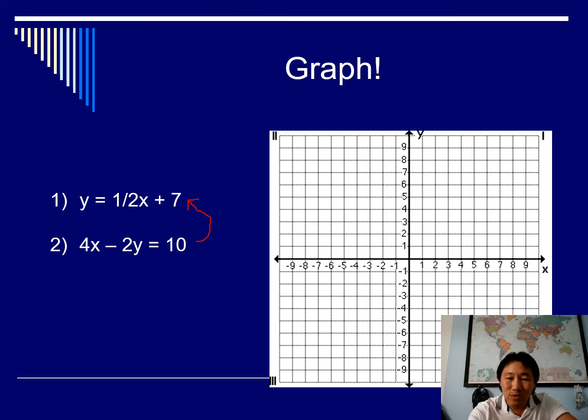When they give it to you in standard form, just like 4x minus 2y is equal to 10, there's a super easy way to graph it without having to change it to this form. And if you still want to change it, that's fine if that's how you were taught, but I'm going to show you the shortcut way.